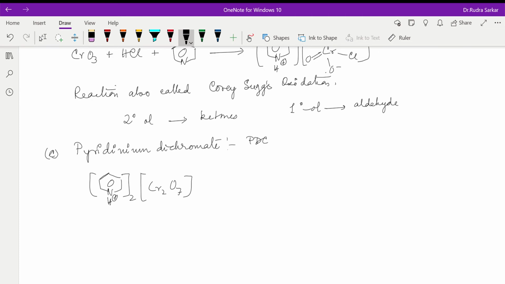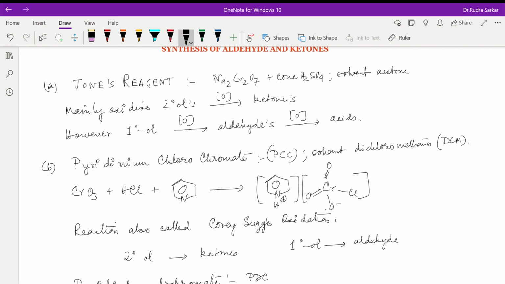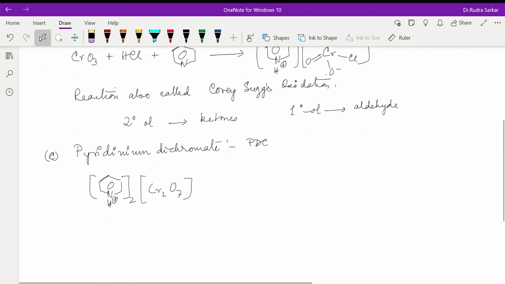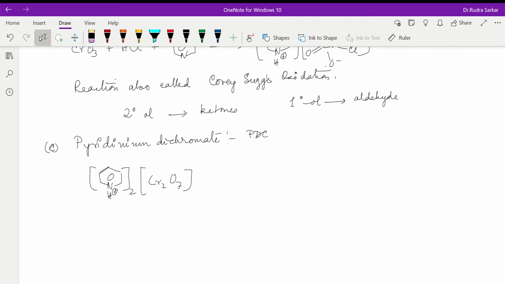Okay, and so such a reagent can be used inside organic solvents, whereas sodium dichromate needs to be used in aqueous medium. Okay, that is the only difference as you can think of. It has a similar function. 2-degree alcohols go to ketones, whereas 1-degree alcohols go to aldehydes.